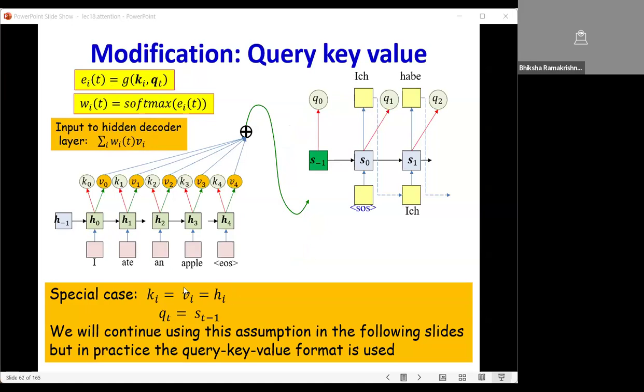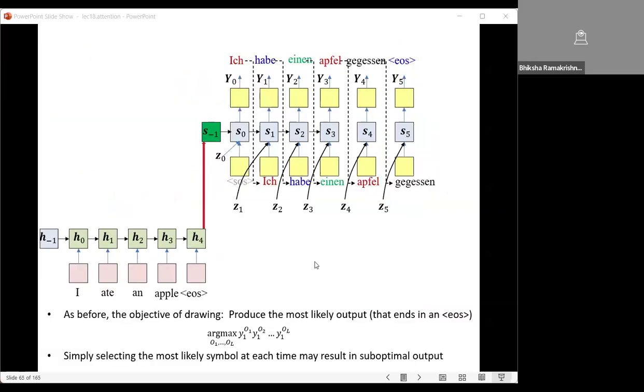The key and value are the same. The query is simply the state itself. This is just us not bothering to make the distinctions, but it simplifies explanation. So this is how I'm going to be presenting the rest of the slides, except when necessary, okay?